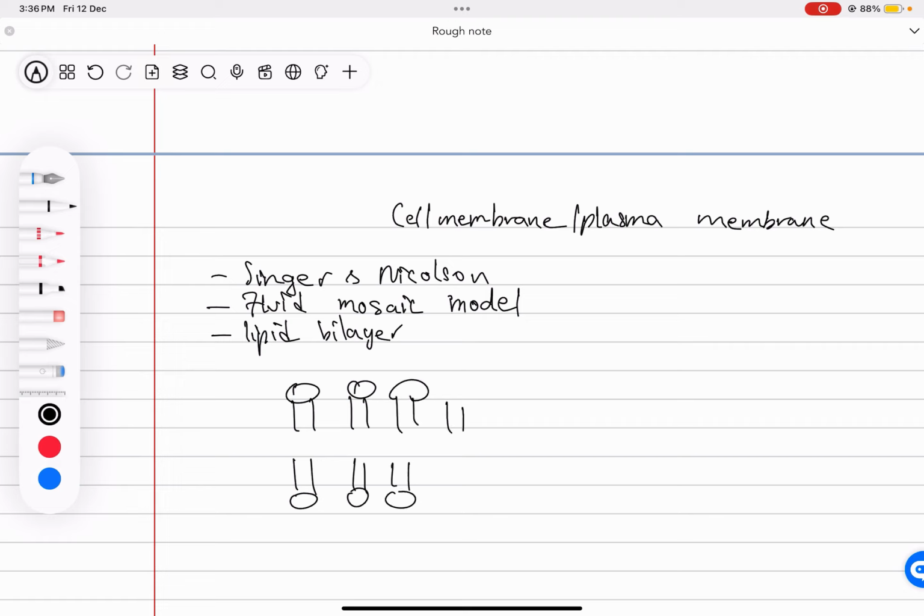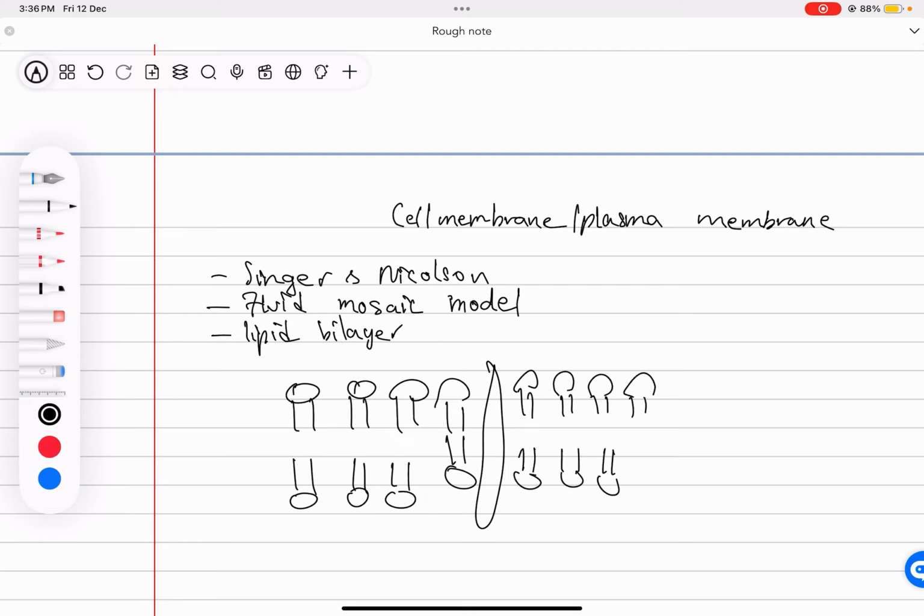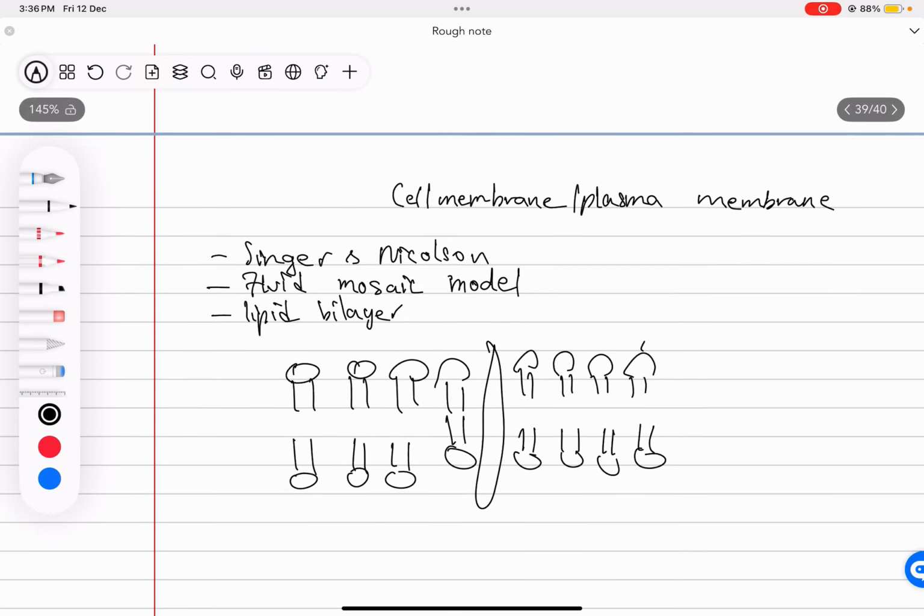I am not good at drawing, so I will just draw a minimum. Here we have the hydrophobic head and hydrophilic tail.